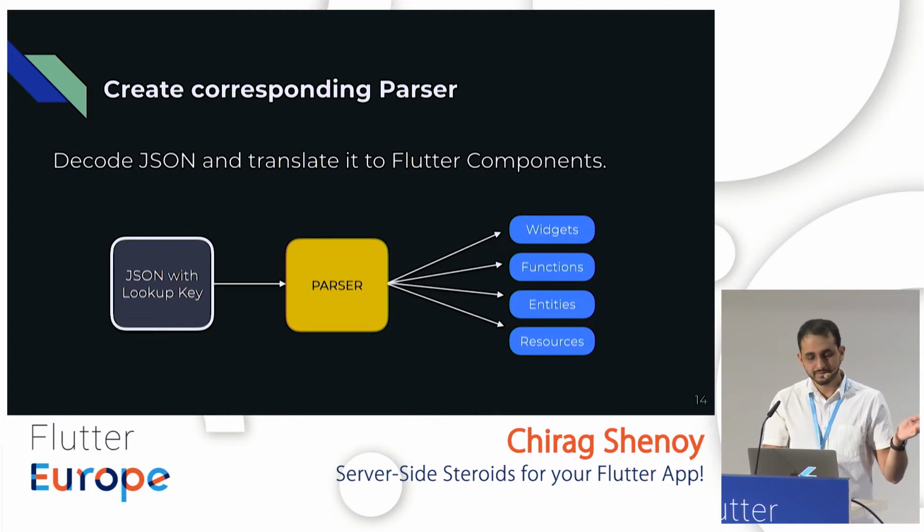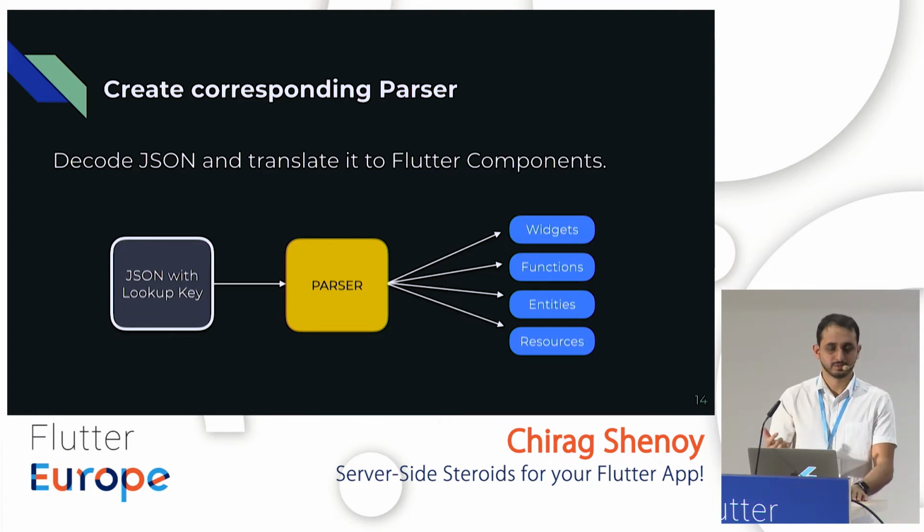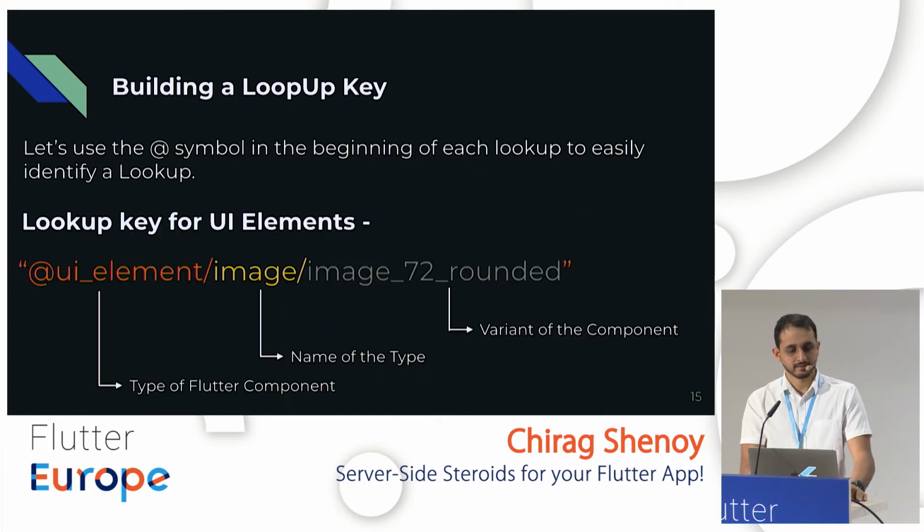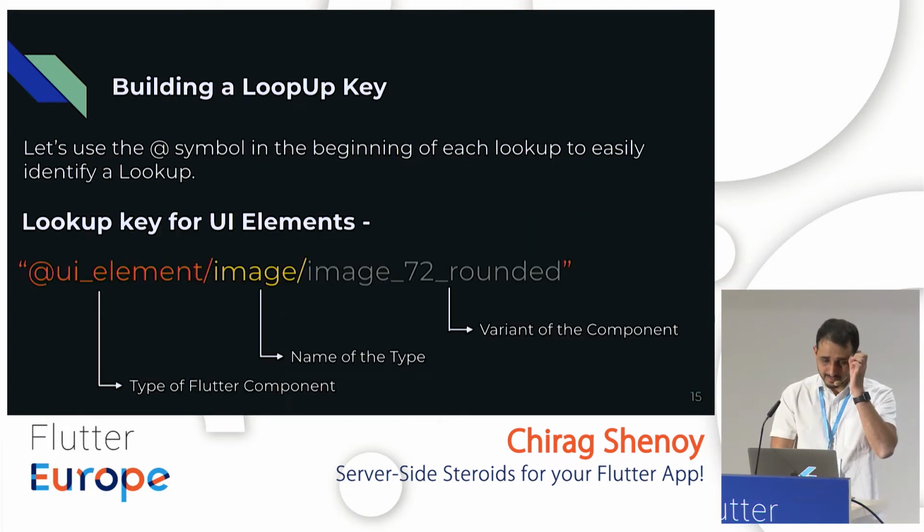We give it to the parser, which we built, of course. The parser internally is able to decode that JSON and translate it into Flutter components. As the diagram represents, you give a JSON with a lookup key to the parser and it gives you widgets, functions, entities, and resources. These are the 4 building blocks of any app. This is a small example that I've taken.